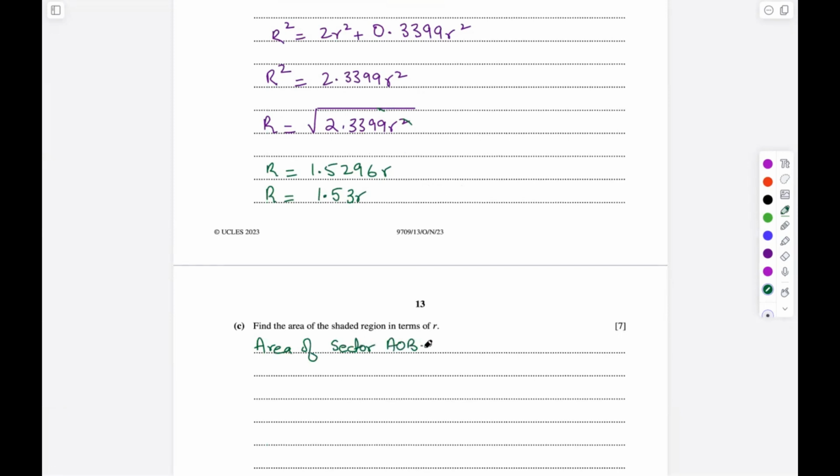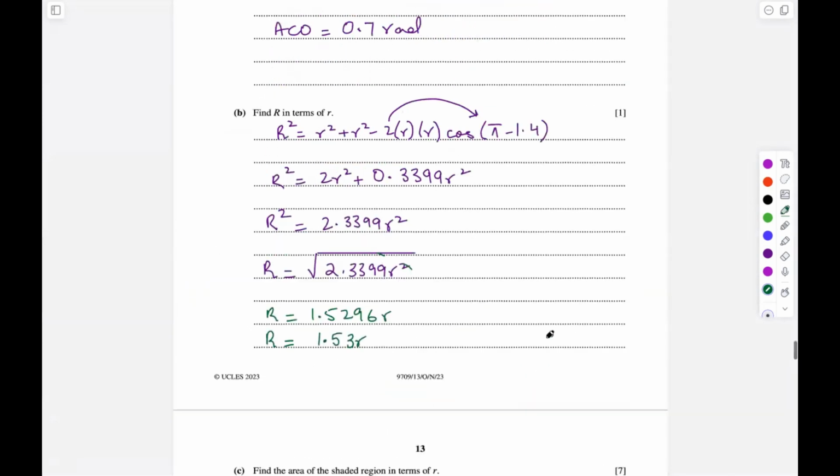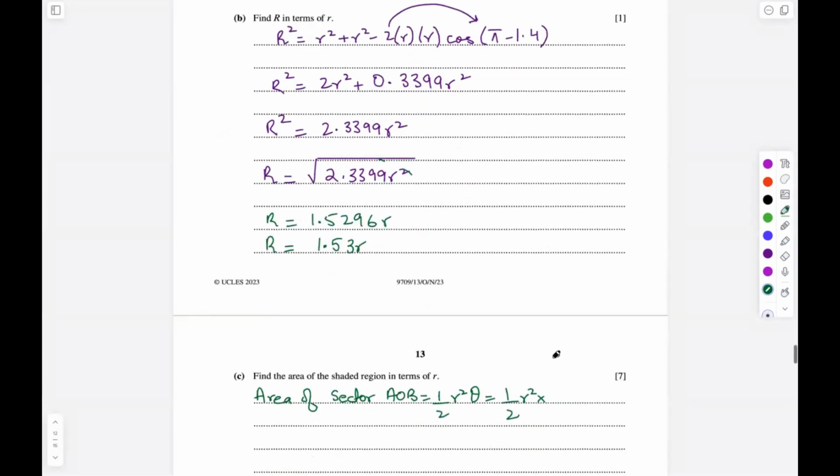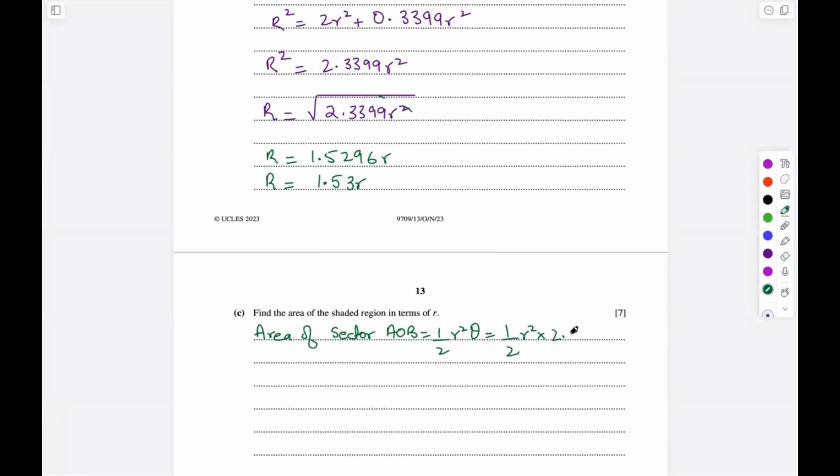The area of a sector is given by the formula half R squared theta. The value of the radius is R, and the value of theta was given as 2.8. So this will become half into 2.8 R squared. Simplifying this, we'll get 1.4 R squared.